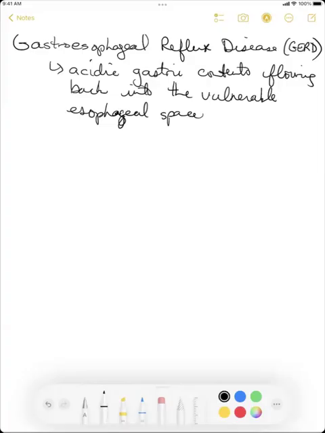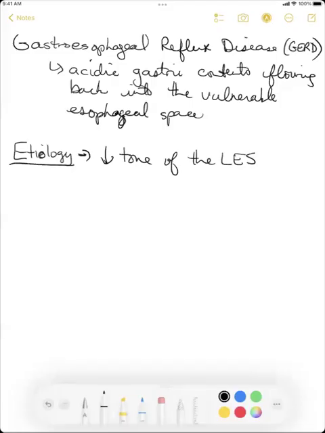There are different etiologies of this. In general, the major etiology, the one that happens most frequently, is decreased tone of the lower esophageal sphincter.